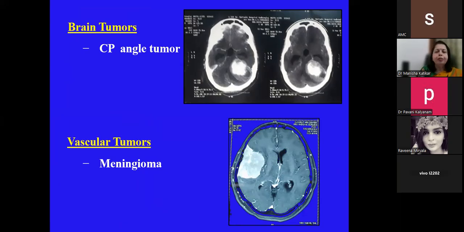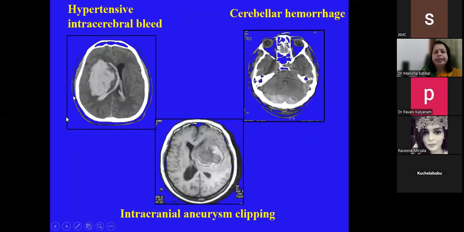They can be difficult, like a CP angle tumor like this, in which the position matters a lot because usually the surgeon asks for a park bench position. Tumors can be supratentorial or infratentorial. Sometimes we deal with vascular tumors like meningioma. Why should we know about these tumors? Because we plan our anesthesia management depending on the location of the tumor. We will discuss it later on.